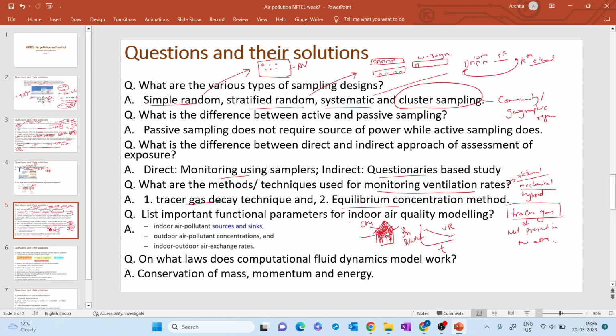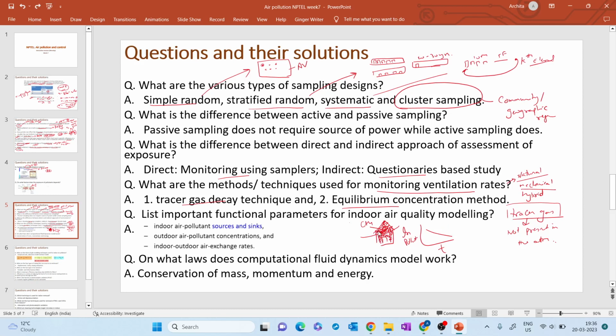So in a room, you fill the room with the tracer gas, and then you let the ventilation continue, and you see how much displacement there is, how much air it has displaced.